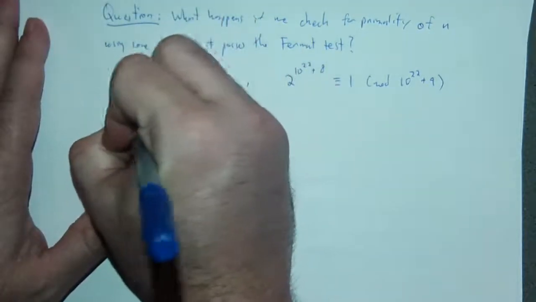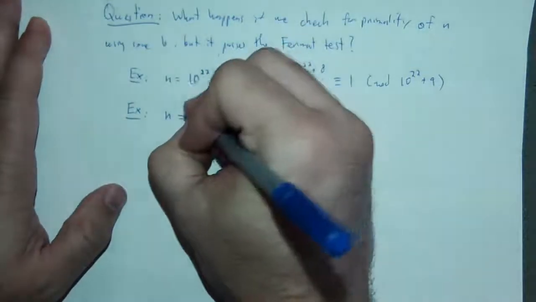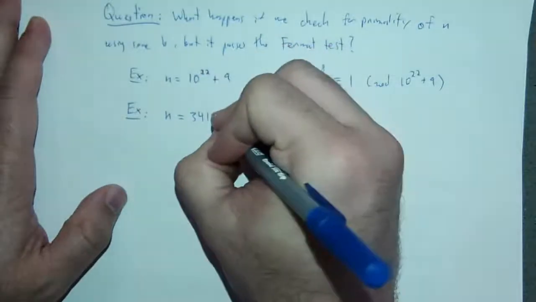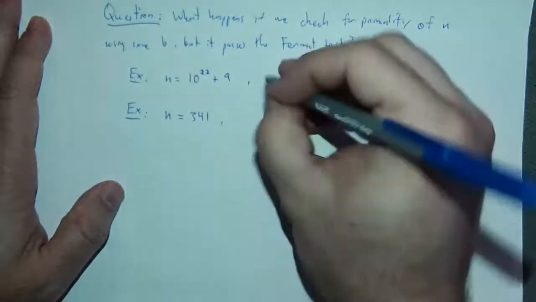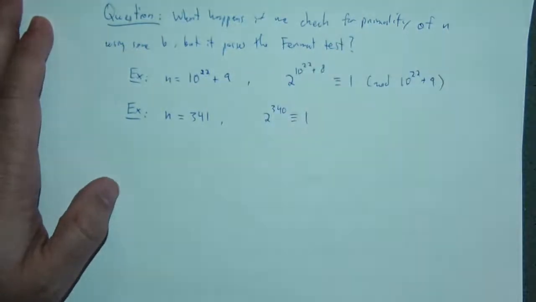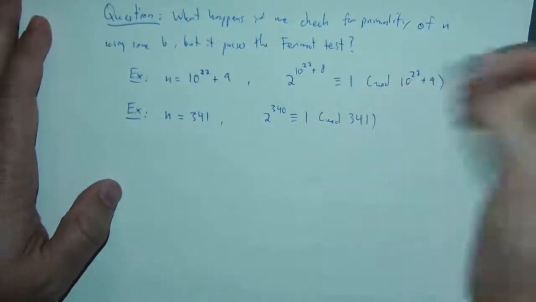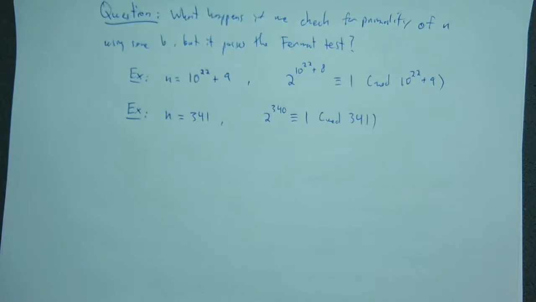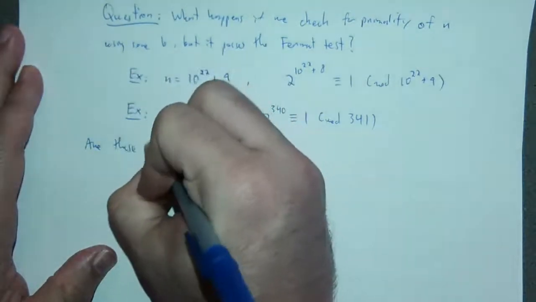Another example. n is 341, and 2 to the 340 is congruent to 1 mod 341. So, are these then prime?